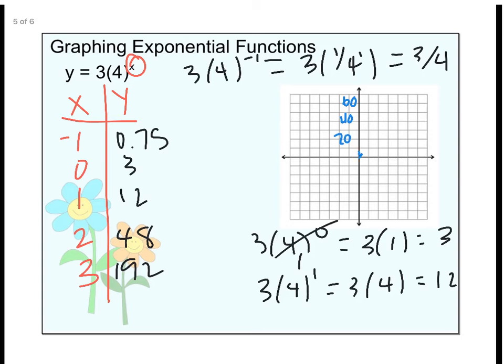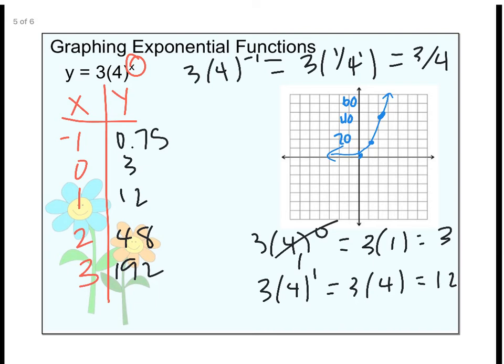Sorry for my squiggles. 1 would be 12. Not very dead on, but you get the idea. 2 would be 48. And then 3, 192 is not going to fit, but I know it's going to be somewhere through my points there. So again, hopefully on your graph paper you can get those points drawn in a little bit nicer.